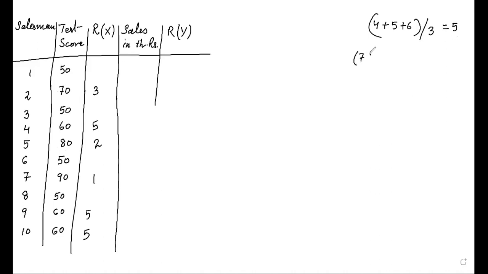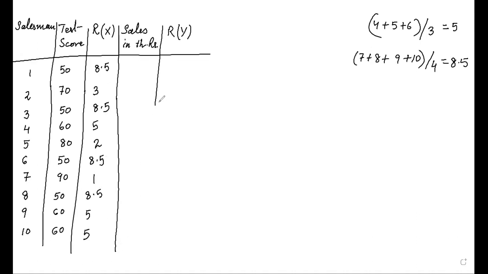So 7 plus 8 plus 9 plus 10 divided by 4. 7 plus 8 is 15, 15 plus 9 is 24, 24 plus 10 is 34, and 34 divided by 4 is 8.5. So the rank given to all those 50s is 8.5. See, all the ranks are assigned.